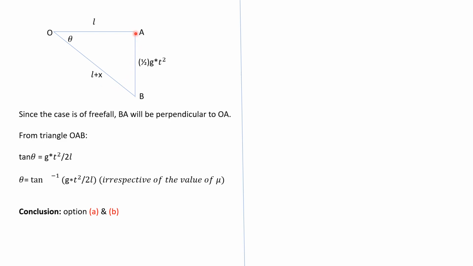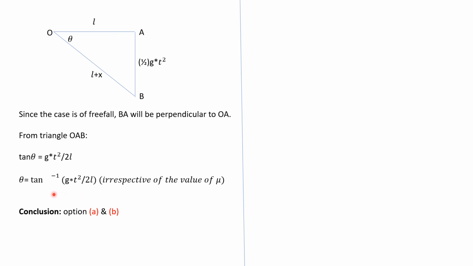Since it's a free fall case, in t time the bead will fall through a height of half g t square. Now from this triangle we can take tan theta. Tan theta is AB by OA, so g t square by 2L. So theta will be tan inverse of g t square by 2L.